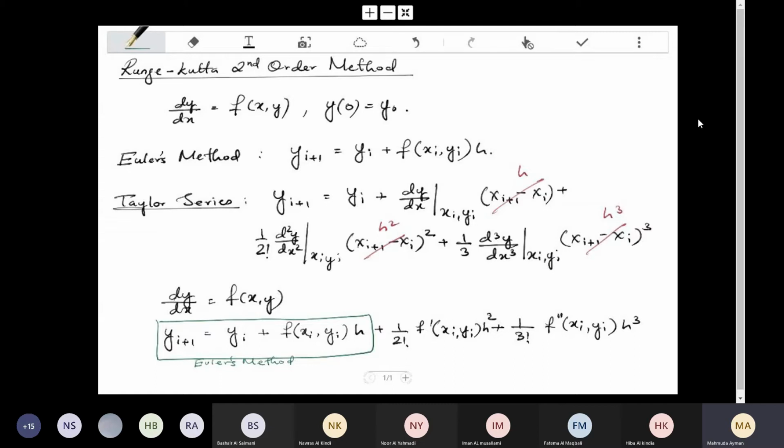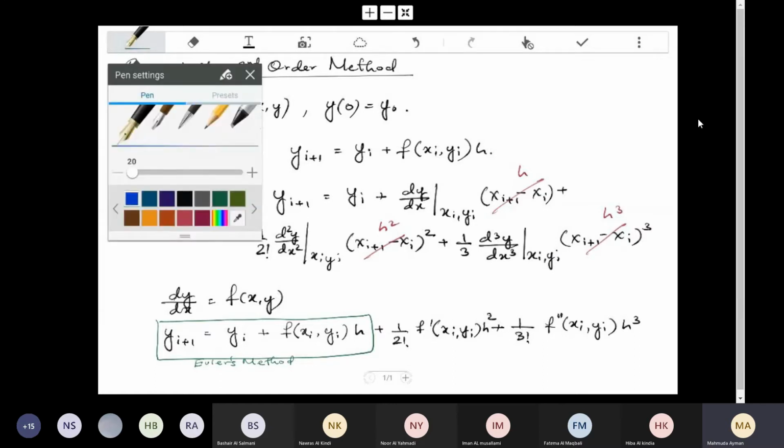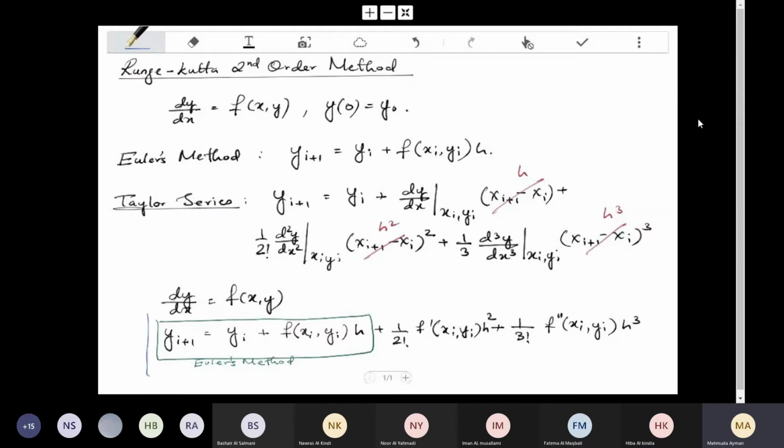And if you take, let's say, the first three terms here, this is the Runge-Kutta second order method, the numerical second order method.